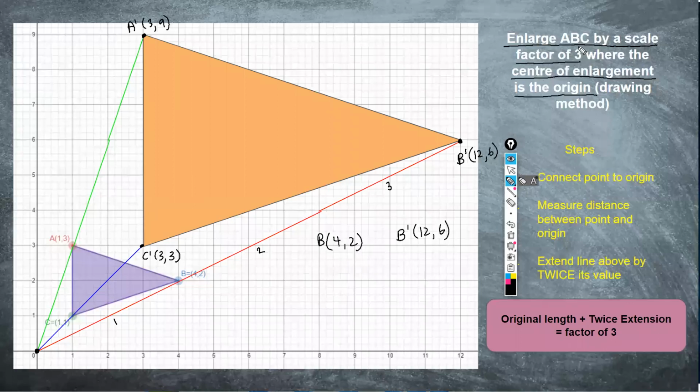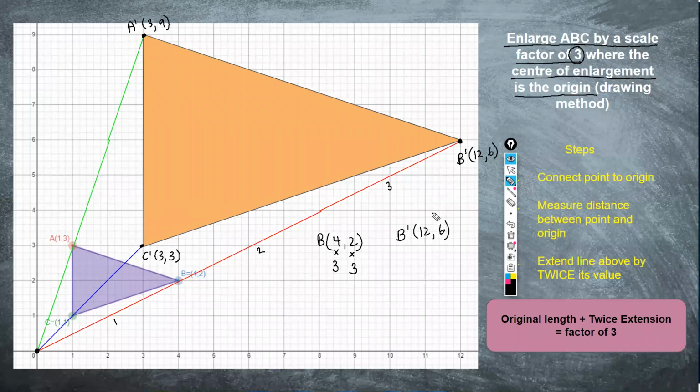Because we are trying to enlarge it by a factor of 3, a lot of people said, hey, why not just take each point and multiply it by 3? 4 by 3 is what? 12. 2 by 3 is what? 6. And of course, that is a shortcut to doing the question, but you have to be real careful about that shortcut. It only works in certain instances.